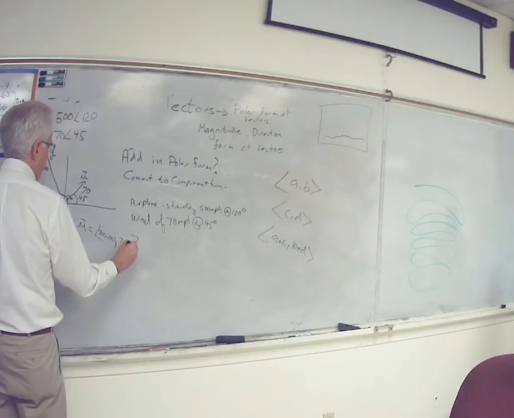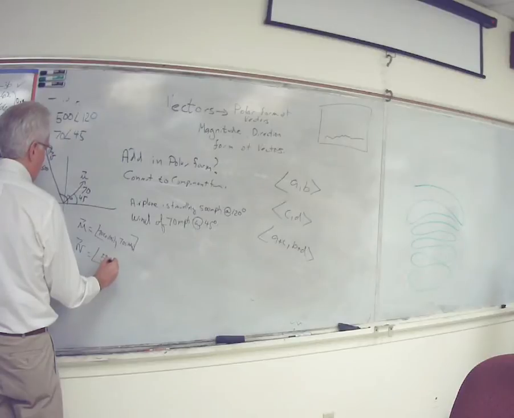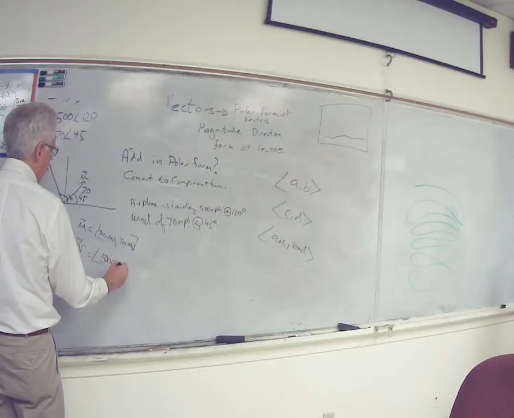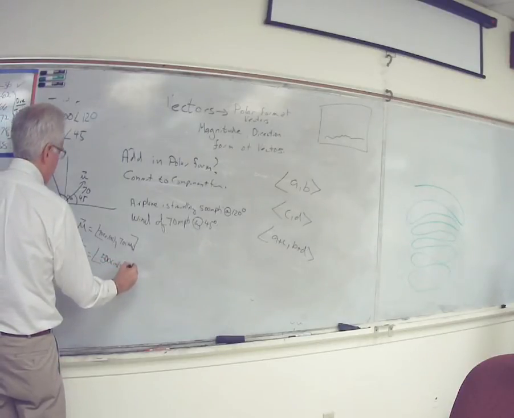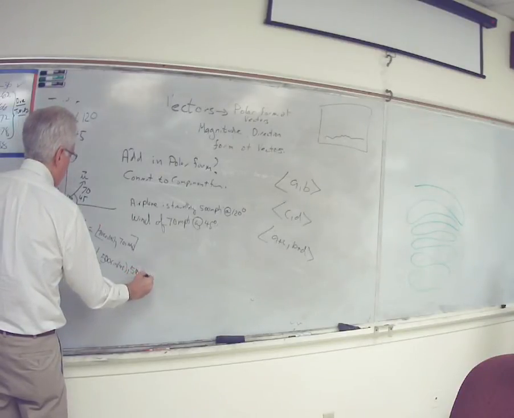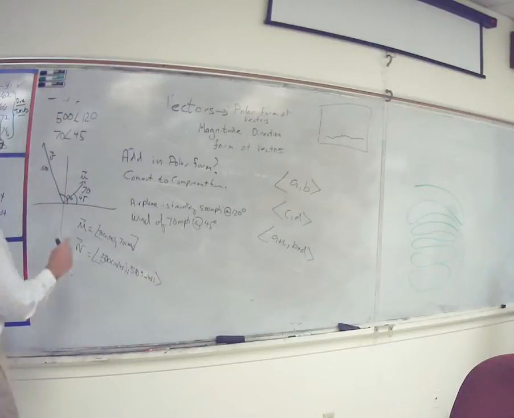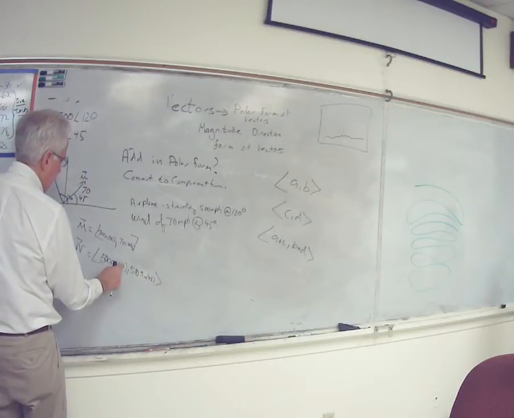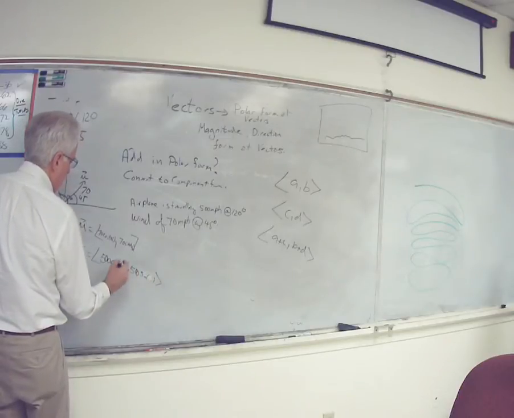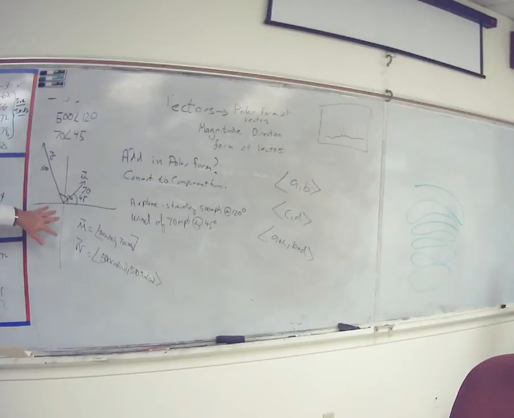V is equal to 500 cosine of 120, and then 500 sine of 120. Okay, so now I've got an I part and an I part, and a J part and a J part.